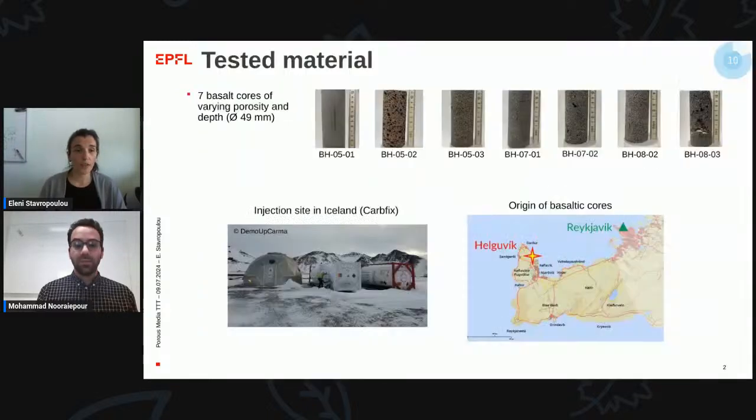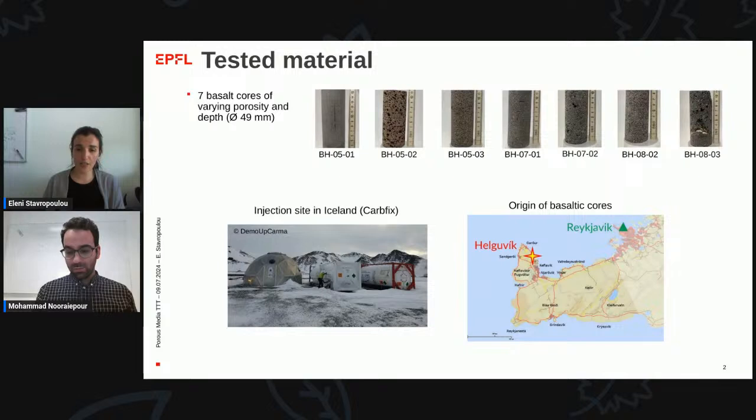So in the first part of this work, we actually studied the material itself. We received 7 different basaltic cores that you can see here from Iceland, from a site near to the injection site of Carbfix.